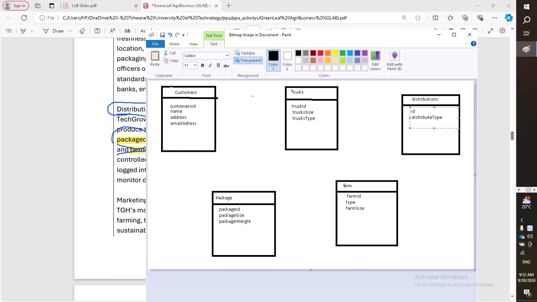I find the distribution type. Okay, so I think that's two for now.